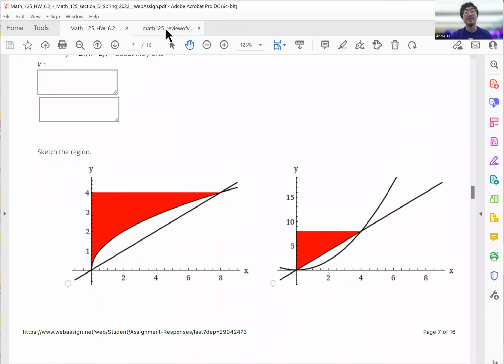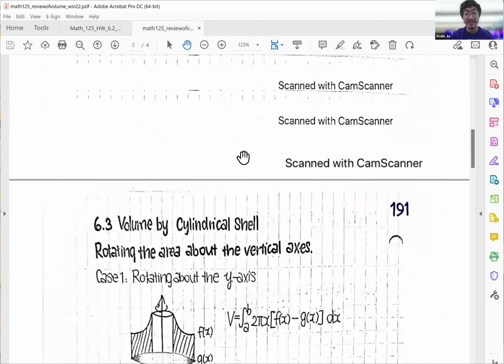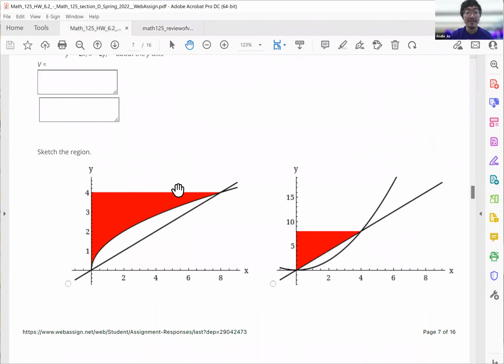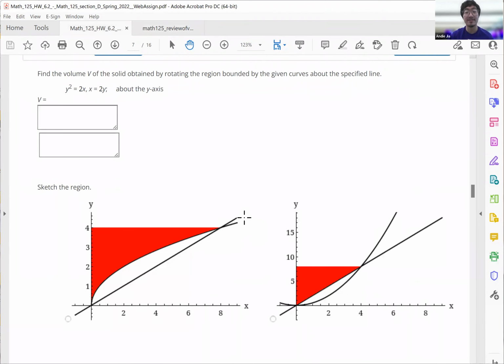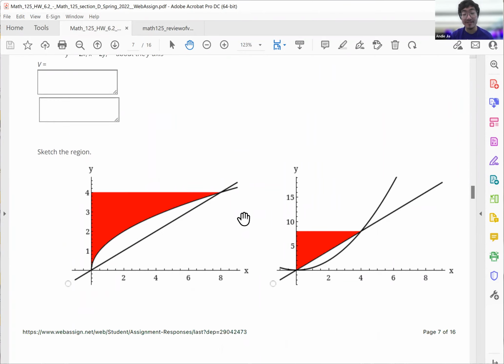There are two curves, so we need to use outer radius and inner radius. It's similar to this, but just changed to dy, with an upper bound and a lower bound between the curves.